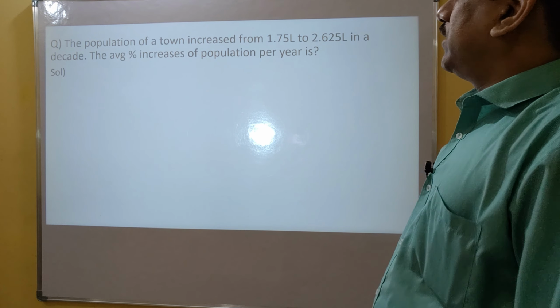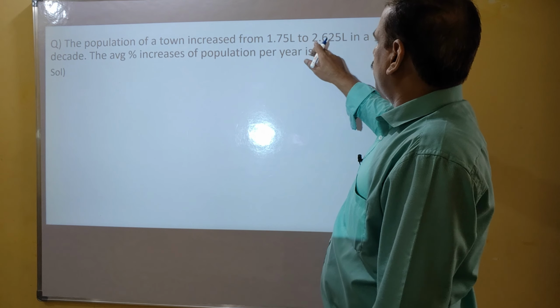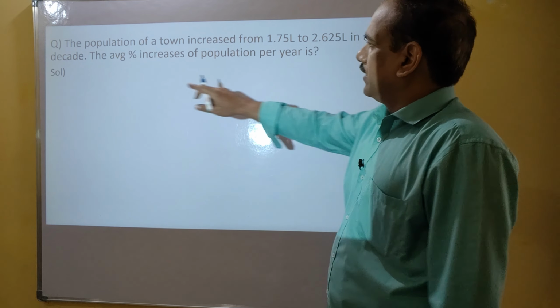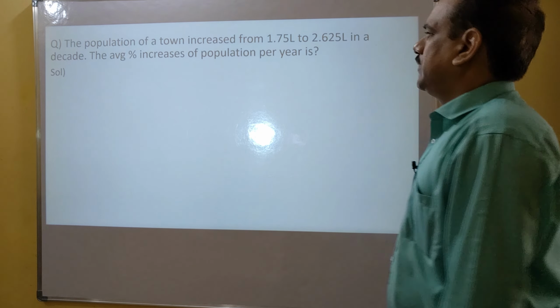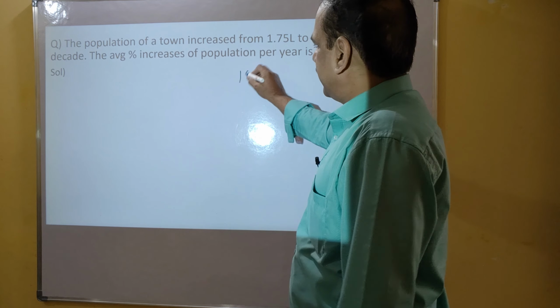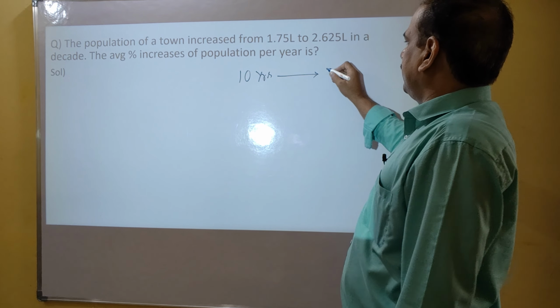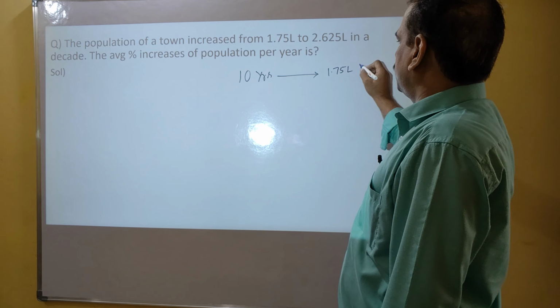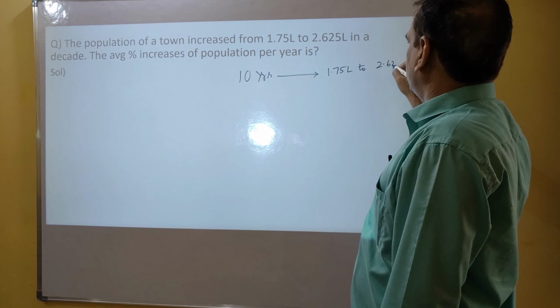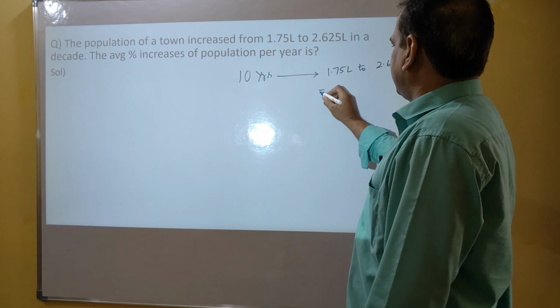The population of a town increased from 1.75 lakhs to 2.625 lakhs in a decade. So decade means 10 years. Over 10 years, it went from 1.75 lakhs to 2.625 lakhs. So what is the difference?